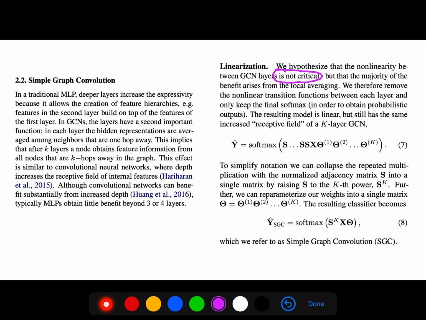The resulting model is linear, but still has the same increased receptive field. We are not changing the radius of this receptive field, we respect that, but we are removing the nonlinearity. So now we can analyze this much easier because it's just softmax of S to the k times X times theta. So we call it simple graph convolution. That's it.